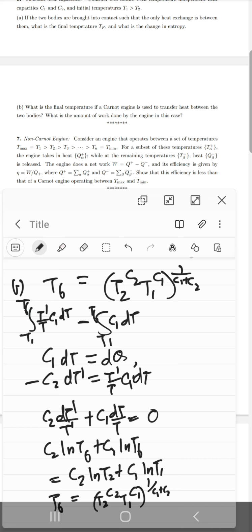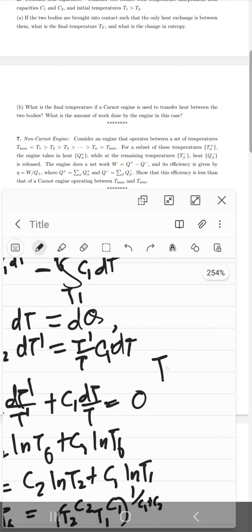Now we need to find T dash. Yeah, we need to express T dash as a function of temperature T, but how? Well, probably like this. We just have T dash power C2 and T1, so okay, it's just T power C1.